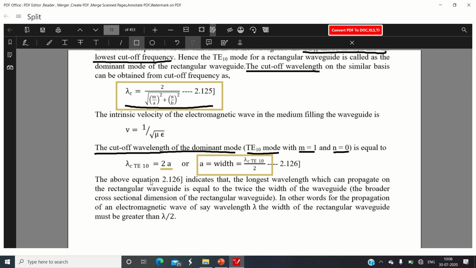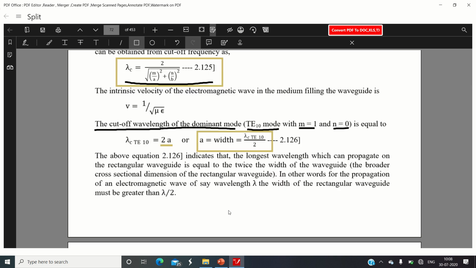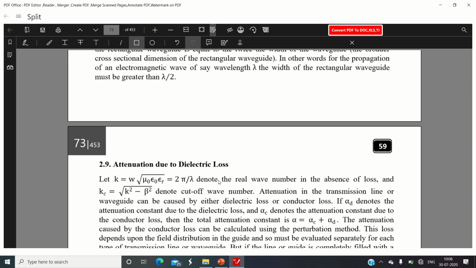Please remember, this is a very important observation. In a rectangular waveguide, the maximum wavelength with which the wave can propagate is twice the width dimension of the waveguide.